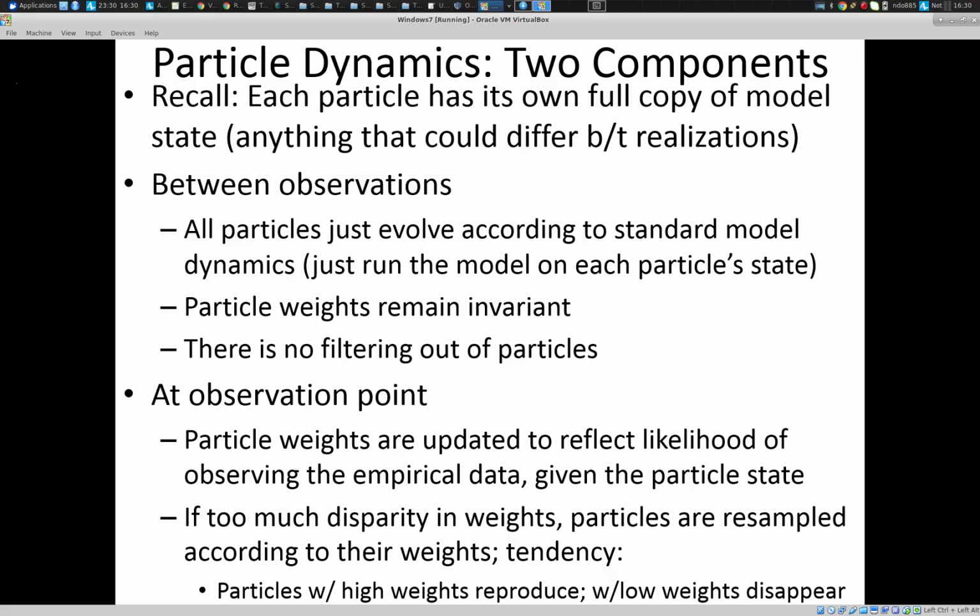When a new observation comes in, per an approach that goes back many decades and has been used extensively within robotics in terms of particle filtering, what happens is that particle weights are updated at that observation point to reflect the likelihood of observing the empirical data, given the hypothesis.